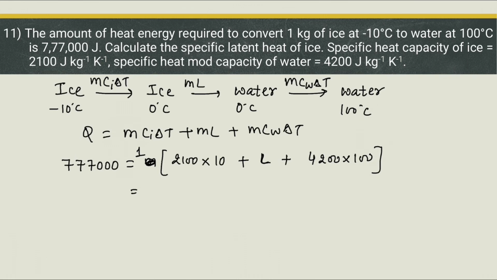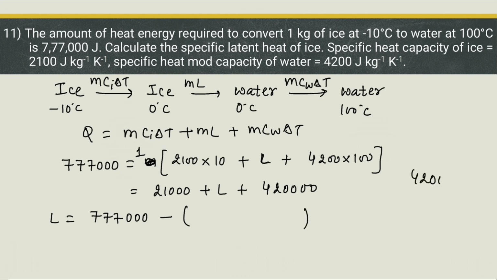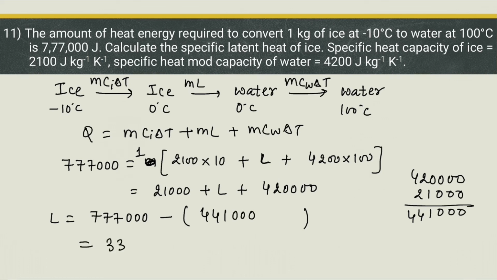So this is 21000 plus L plus 420000. So L is equal to 777,000 minus 441,000, and this will be 336000 joule per gram.